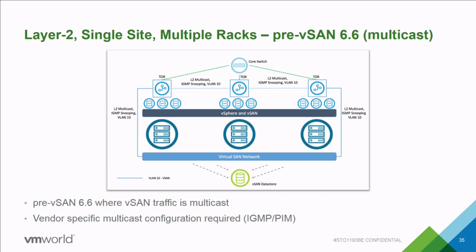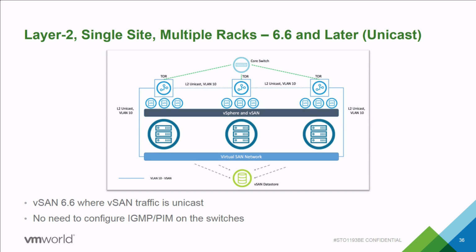So this can be very tricky in some setups, and it is always very important for me to involve the hardware vendor themselves, because we require multicast for everything pre-vSAN 6.6. How is the integration with the vendor? That's up to the vendor. And it's very important, because if it's not working properly, you have partitioning, which you do not want to have.